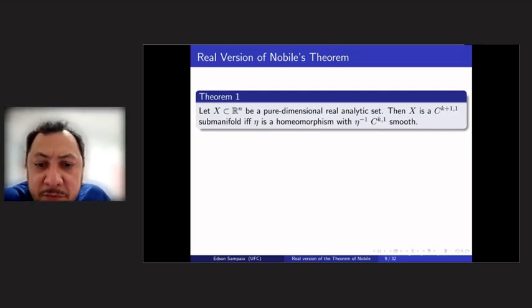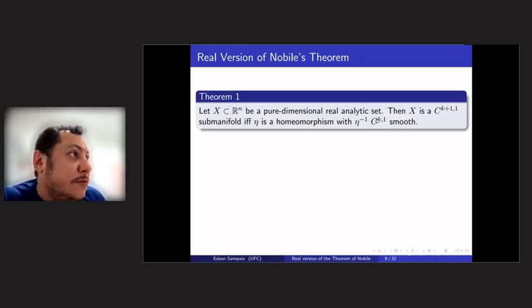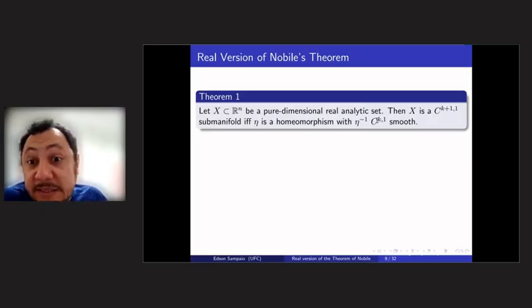This holds if and only if the Nash transformation is a homeomorphism, and the inverse has more or less the same regularity but less one. The inverse is C^{k-1,1}. That means it is C^{k-1}, but its (k-1)-th derivatives are Lipschitz.